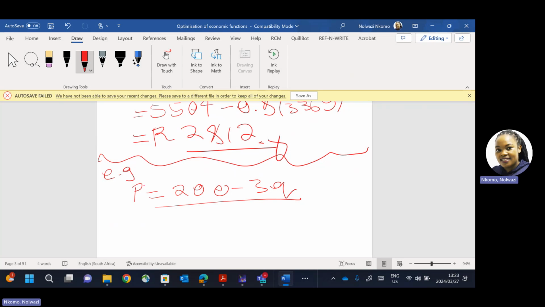Here, P represents the price per unit, and Q is the number of units produced and sold. Then the question is, from the demand function, find the total revenue.